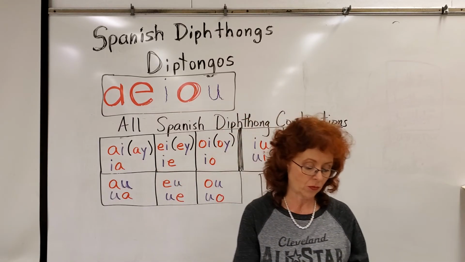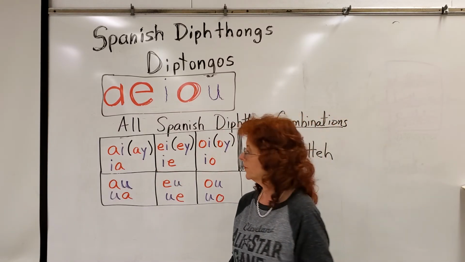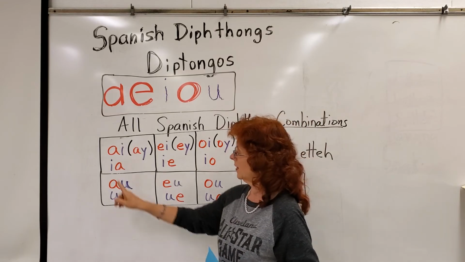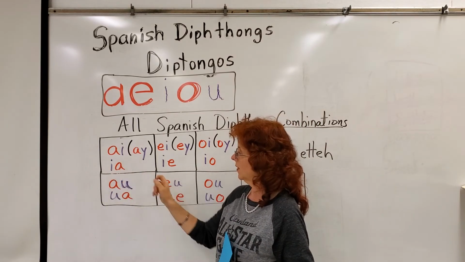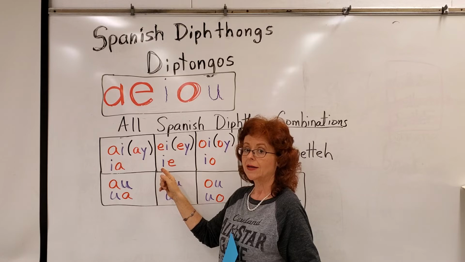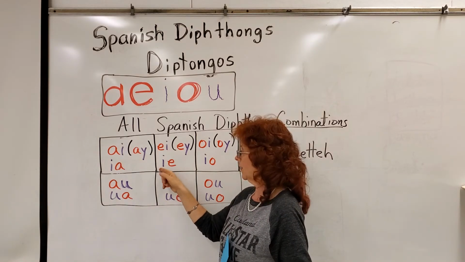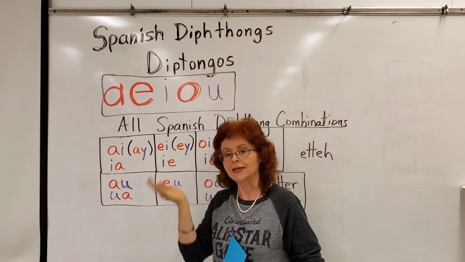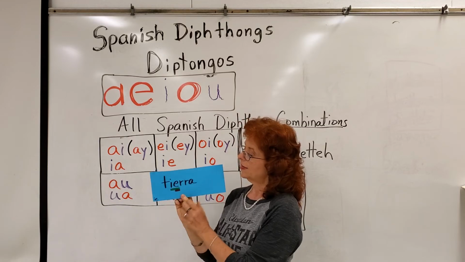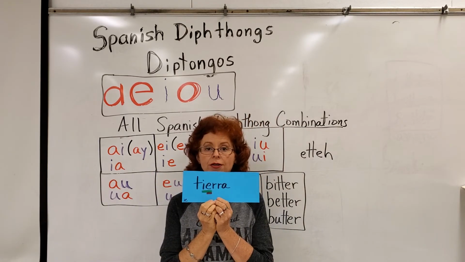Now, let's talk about weak, strong. We're going to flip it. So we had ya, and now we have ye, okay? Ye, as in yay, but without the e at the end. This is the Spanish word earth.